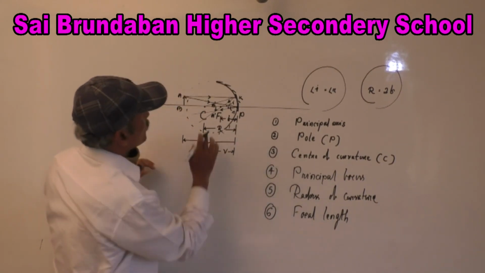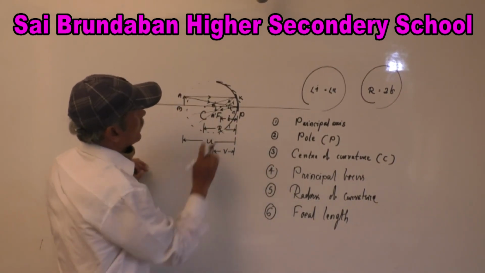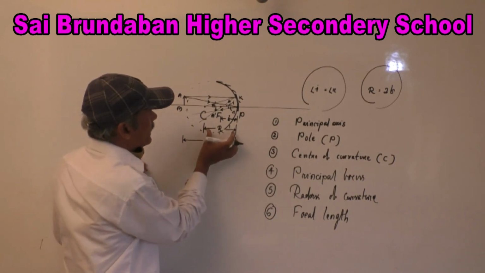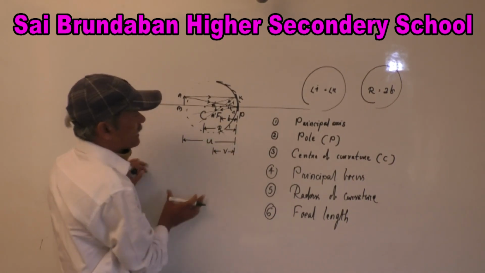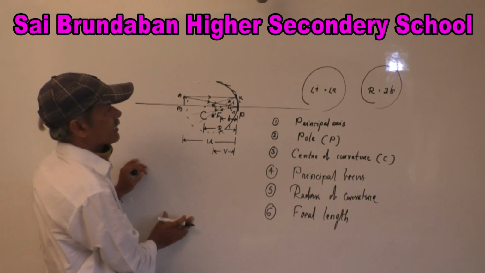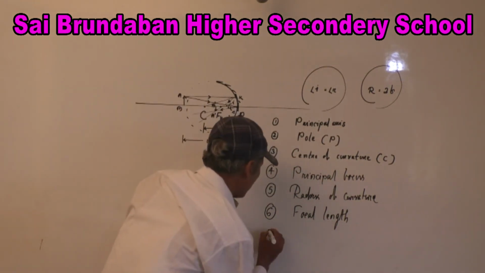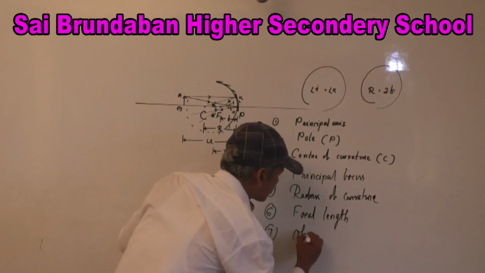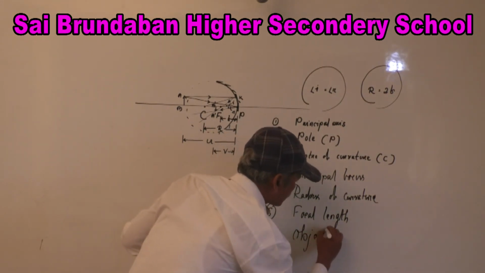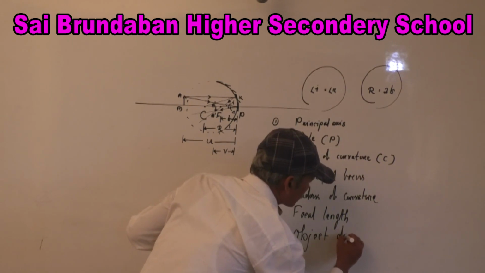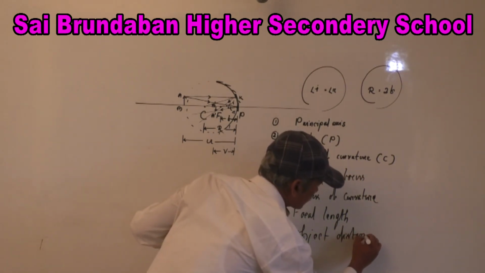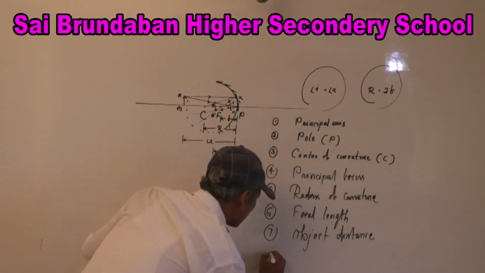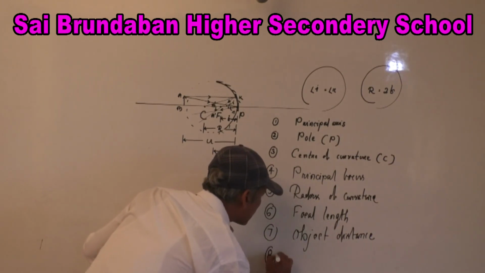This is focal length, this is radius of curvature, this is object distance, this is image distance. So now I am writing 7, object distance, and 8, image distance.